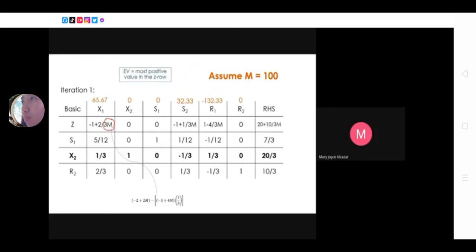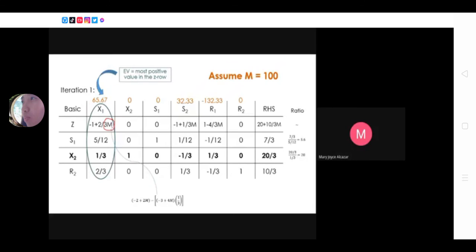So our most positive value in the 0 is 65.67. So this is our entering variable, x1. Then get the ratio to identify the least positive ratio for the leaving variable. So for S1, that is 7/3 divided by 5/12, or 5.6.